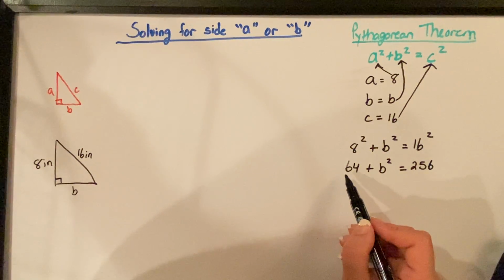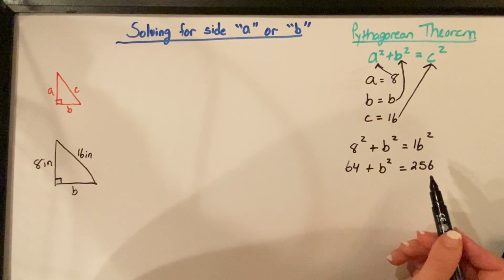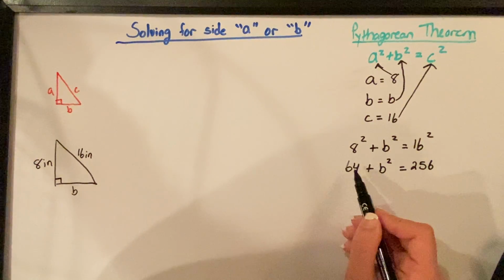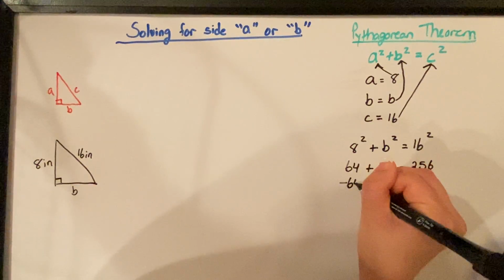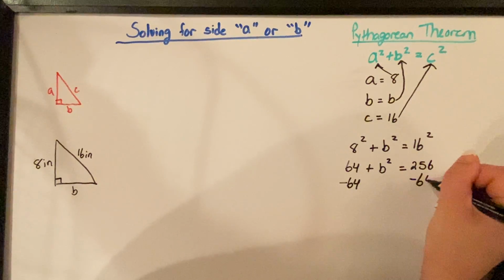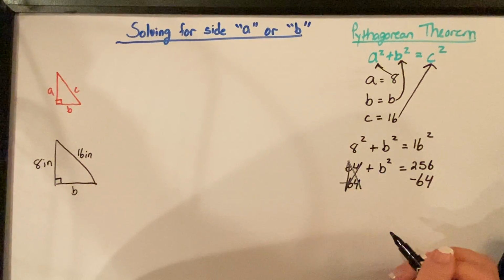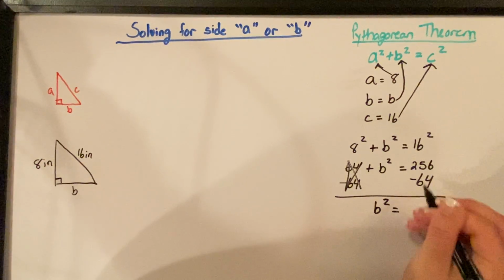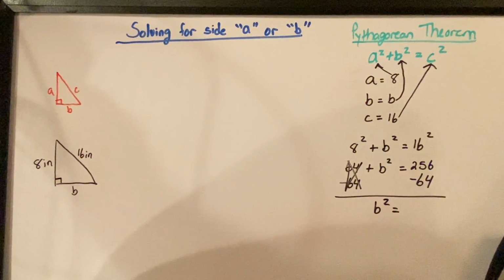With equations, remember, what you do on one side, you have to do on the other side, and you have to do the opposite. So the opposite of a plus 64 is minus 64. So we're going to subtract 64 on both sides. That cancels each other out. So now we're left with B squared equals 256 minus 64.